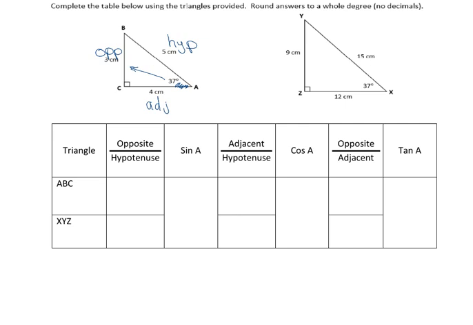Again, if I'm looking at my other triangle, this is my angle of focus. 9 centimeters is my opposite. This is going to be my hypotenuse. And then I'm left with the adjacent at 12 centimeters.